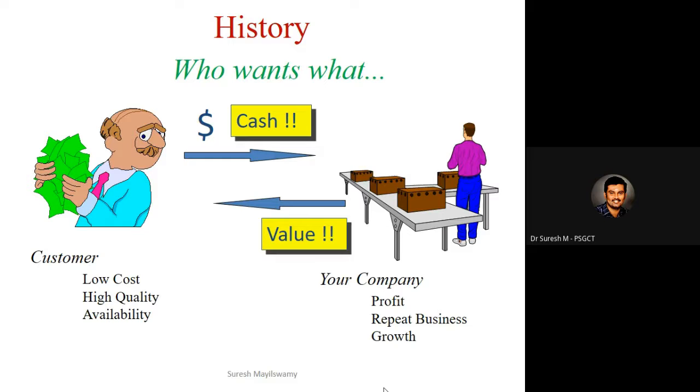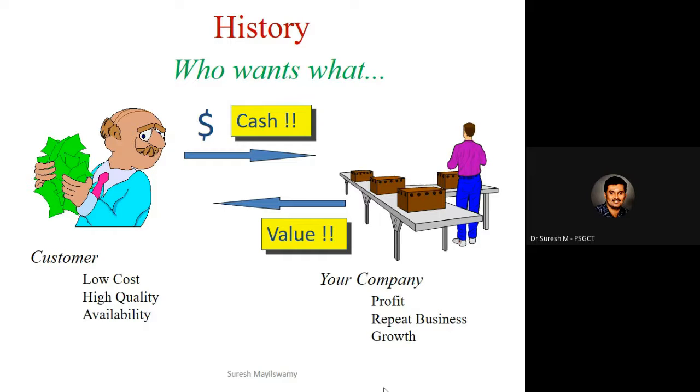So this slide shows that one side is the customer and the opposite side is the industry. So the expectation of customer is low cost product, high quality and easily available product. So customer is willing to pay for the product, and the industry's expectation is the profit, repeated business and continuous growth.